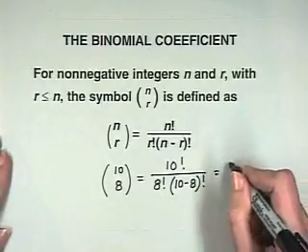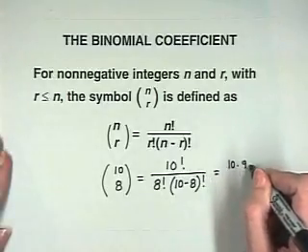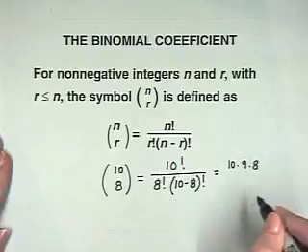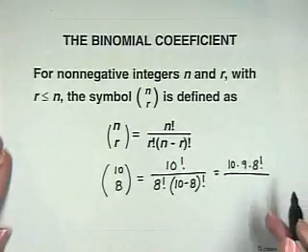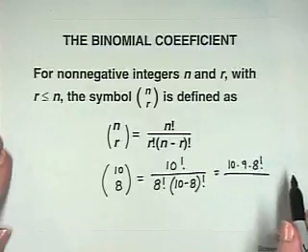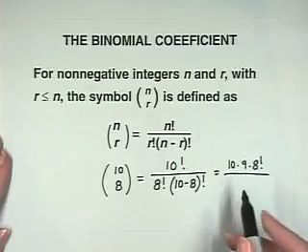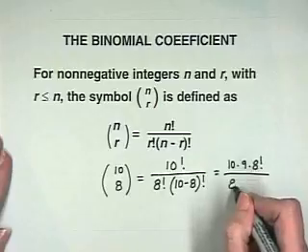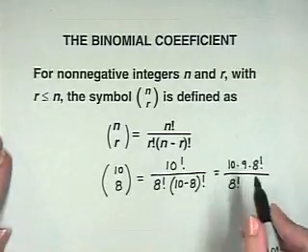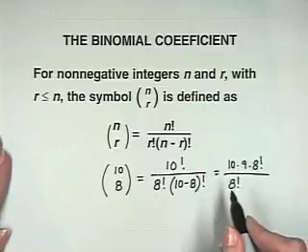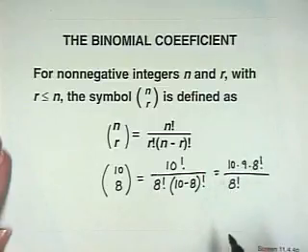Instead, what I'm going to note is that I have 10 times 9 times, and when I get to 8, I'm going to stop and note that 8 factorial would give us the multiplication from 8 down to 1. The reason I stopped at 8 is that in the denominator, we also have 8 factorial. Therefore, in my next step, I'm going to be able to divide out these expressions.